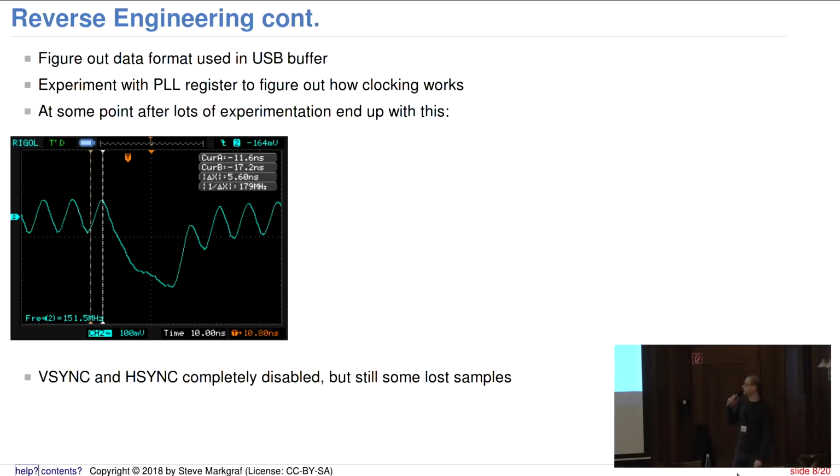So what I did is I tried to figure out what the data format was used in the USB buffer. It's not top left pixel and then continues linearly like that, because they actually use SSE and MMX optimization in their Windows kernel driver to send out the frame buffer memory.